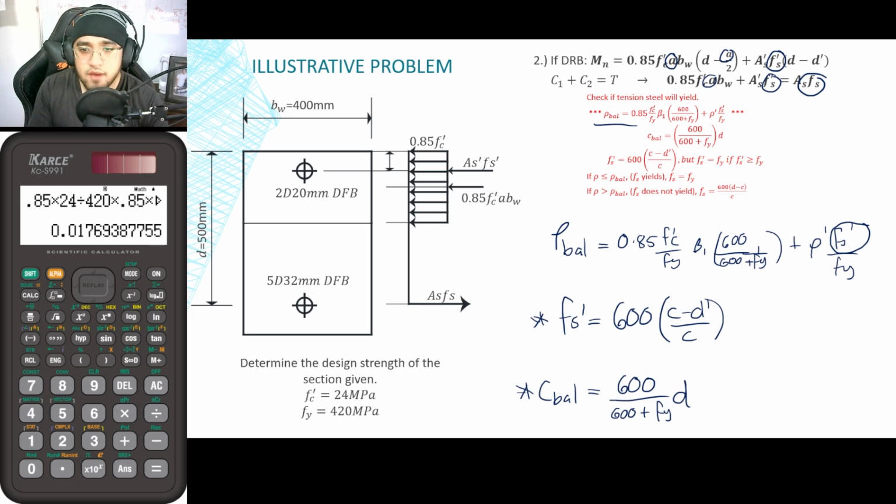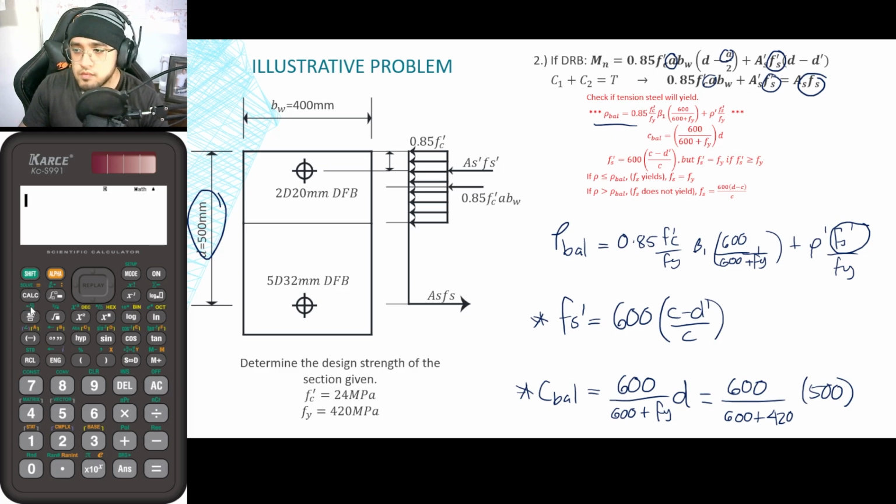So substituting known values, c balanced is equal to 600 divided by 600 plus 420 times d, and d here is the effective depth, 500. Using the calculator, for the c balanced, that is equal to 294.117.